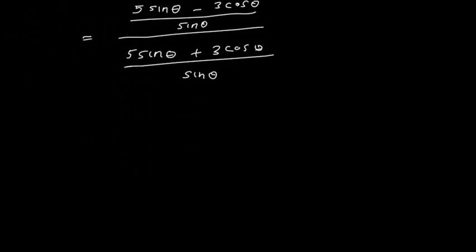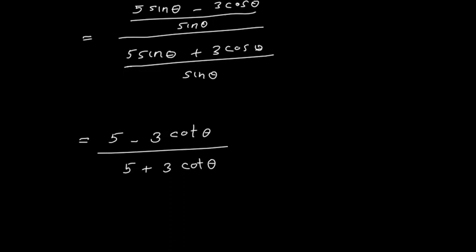Now sin upon sin will cancel. So here I will get this equals to 5 minus 3 cot theta, since cos upon sin is cot, divided by 5 plus 3 cot theta.